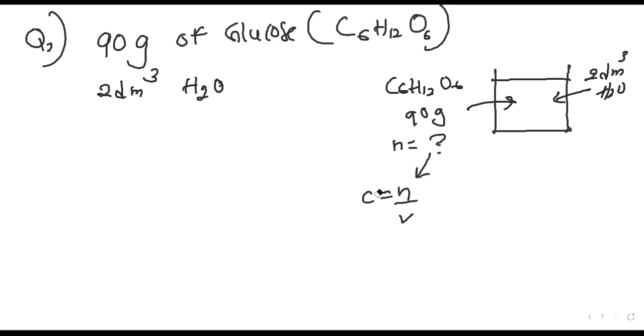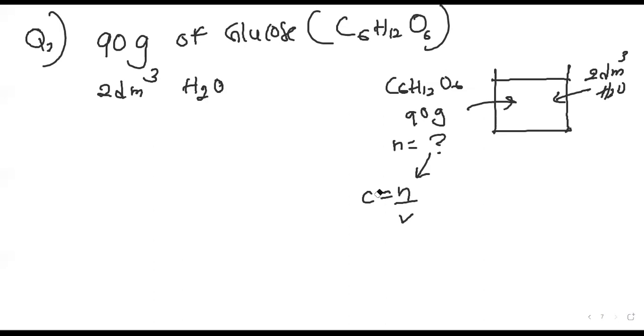Instead, I have given the mass of glucose I have added into the 2 decimeter cube of water, and then you have to find out when you add 90 grams of glucose into this 2 decimeter cube of water, how many moles of glucose will be added. That means you need to calculate how many moles would be found in 90 grams of glucose, right?